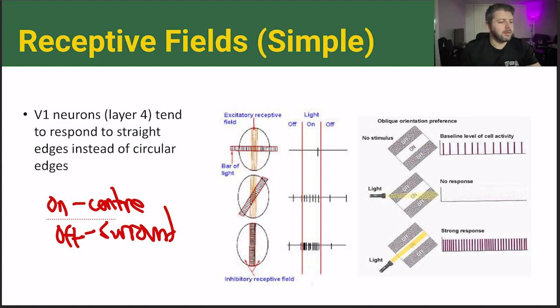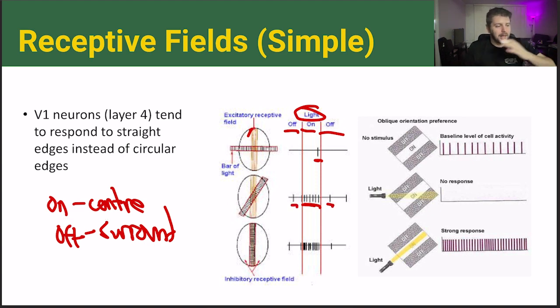And so here we see firing rates. So we have on center and these off surrounds, and the receptive field is then this vertical band that you see here, and the bar of light that we present is tangential to that, and this is why we see a little bit of firing in this top bar. Then as we orient the bar of light to be closer to the aligned receptive field of this neuron, we start to see some more firing in the middle, which is to say, okay, there's a bit of overlap, some firing is going on in the middle, but there is something else going on in the outside.